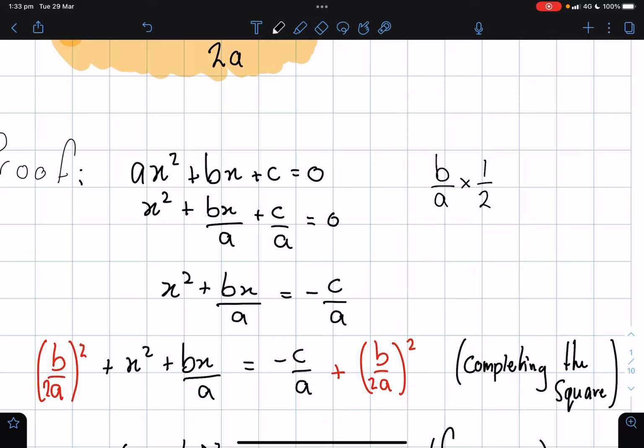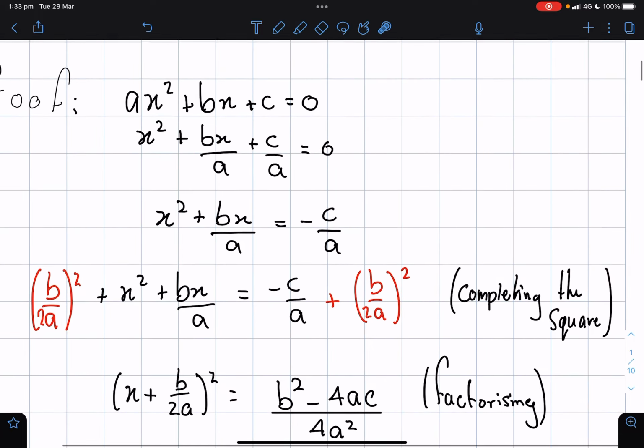Dividing the coefficient of x by 2 is like timesing by a half. When we multiply fractions, we just multiply the numerators together and the denominators together, that's why it's b on 2a. So we're squaring that term, and then we're going to add it to both sides, okay? So you can see we have it on the left-hand side and on the right-hand side, okay?